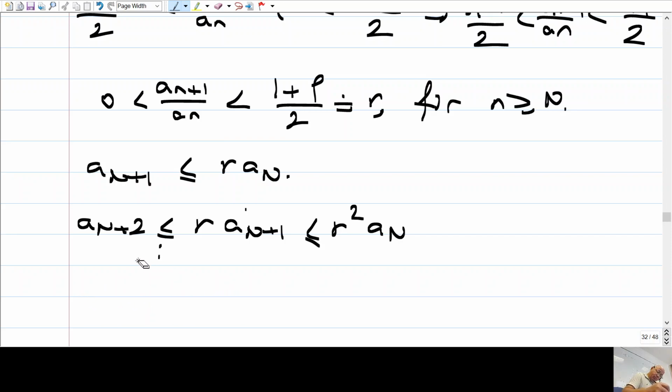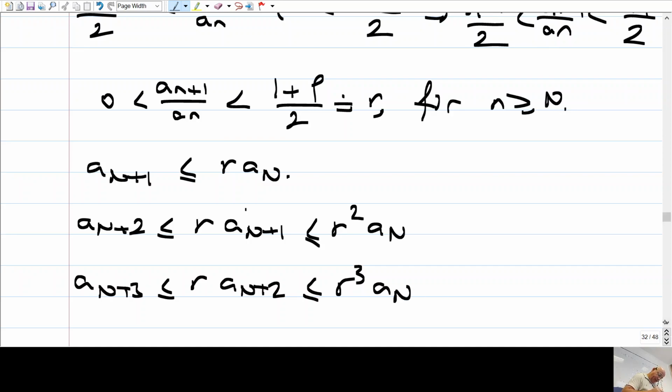Okay, let me do one more step. a_{N+3} is less than r times a_{N+2}, but a_{N+2} is less than r squared times a_N. There's another r, so this is r cubed times a_N.